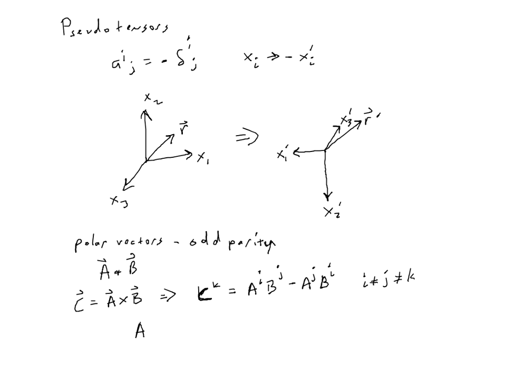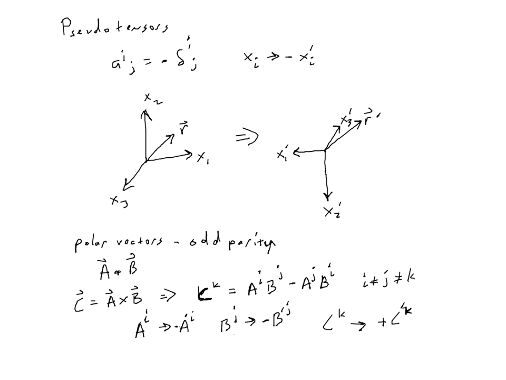And so if you have A_I and it turns into minus A'_I, and you have B_J and it turns into minus B'_J, where these are all contravariant, then you can see that because you have minus signs everywhere, C_K is going to turn into plus C'_K.